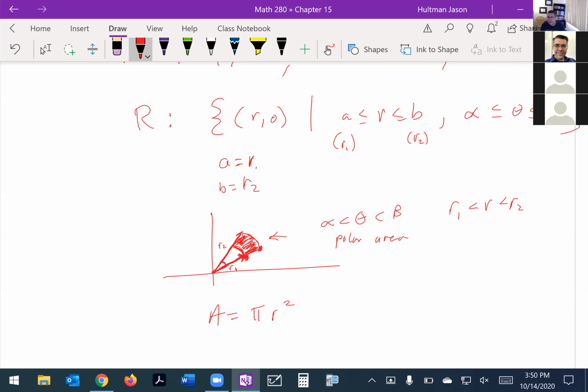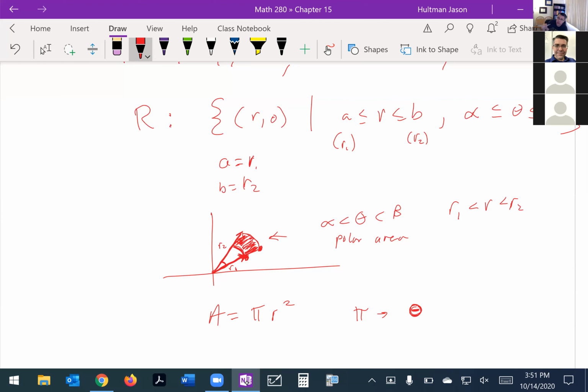But what if we wanted to relate that to theta? Would it be pi dr d theta squared? Well, how is pi related to theta? Theta is a fraction of what? Theta is a fraction of 2 pi, right?